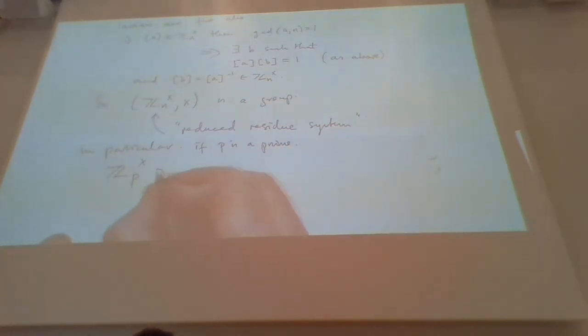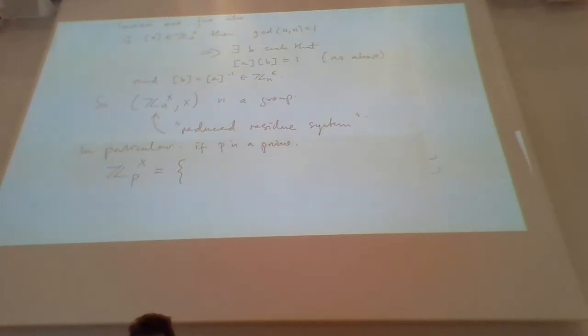If P is a prime, well, if we're forming the multiplicative group, we have to throw away everything which is not co-prime to P. So everything which has a non-trivial greatest common divisor with P from the residues between 0 and P minus 1. But of course, P is a prime number. So it doesn't have any common divisors to share with anything apart from 1 and itself. Okay? So 0 is divisible by P. So the greatest common divisor of 0 and P is going to be P. So that's the one we throw away.